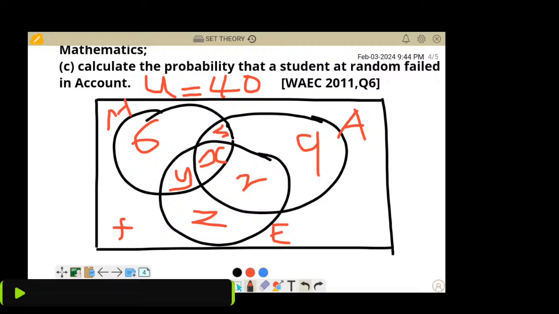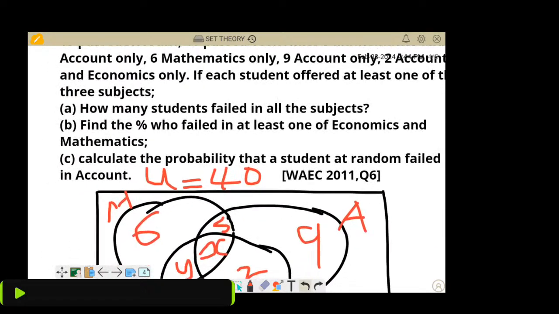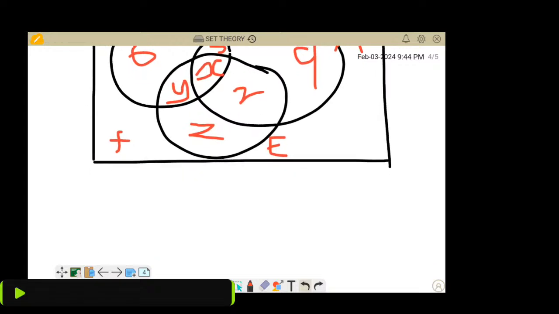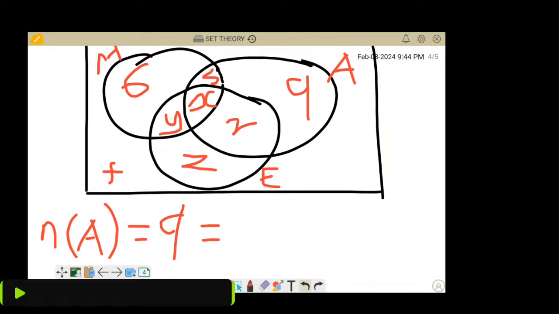According to the question, the number of students that pass account is equal to 19, and from the Venn diagram, that is represented by what we have here, this, and this, because this entire circle is for account.